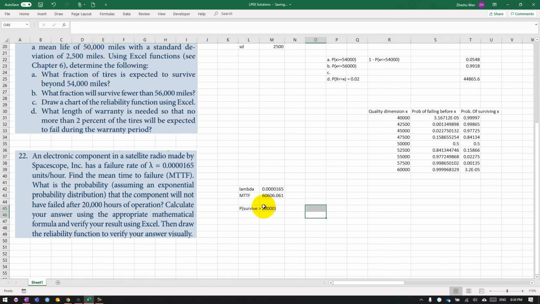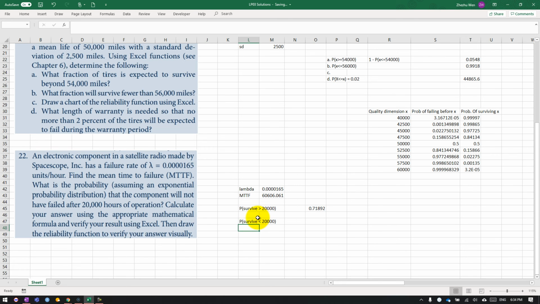So for this, you have two different ways of calculating it. The easiest way is to use the survival function, exponential of negative lambda multiplied by time, which is 20,000. Boom. The other way of doing it is to utilize the EXPON.DIST function in Excel.